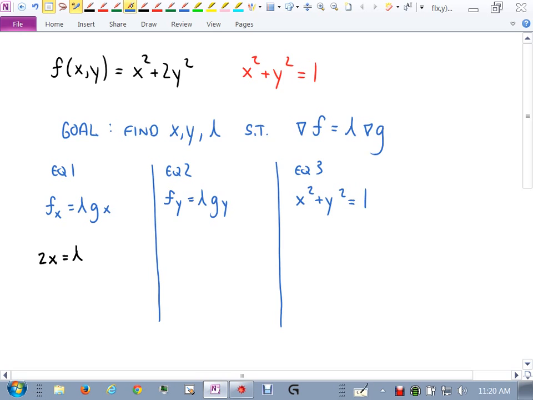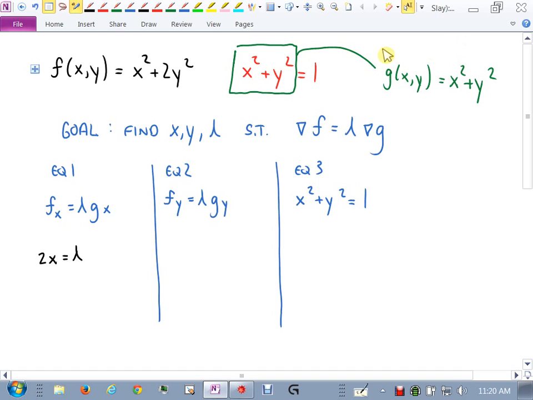Now this is a little tricky. g is actually the left side of this equation, isn't it? g of x,y is the left side there only. Follow me? The constraint equation was g equals k, so that side here is g. So when I take the partial of this with respect to x, what do I get? 2x. So come back over here, lambda times 2x.